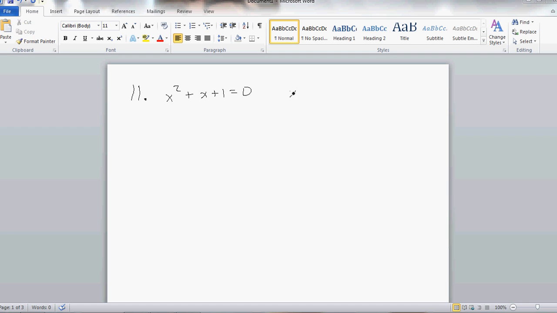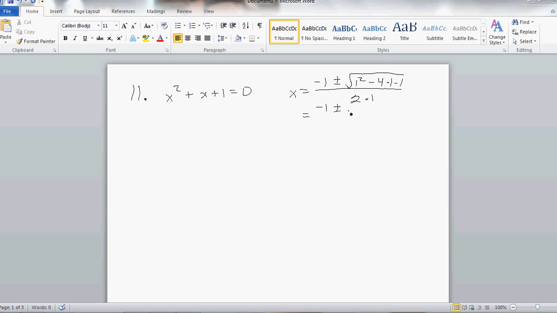Which says x equals negative b plus or minus the square root of b squared minus 4ac all over 2a. And then it's just a matter of solving this problem.